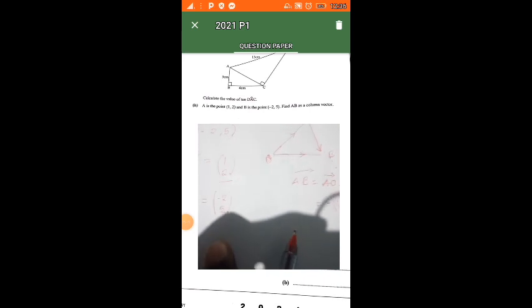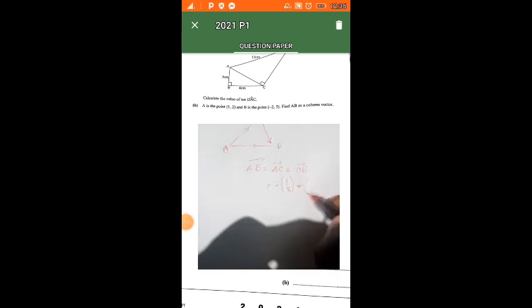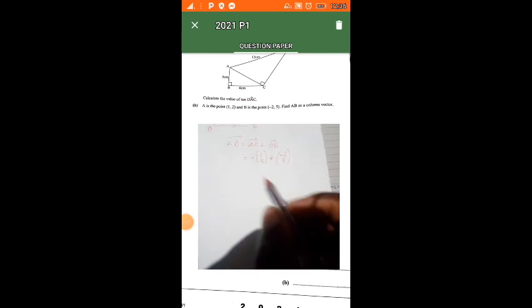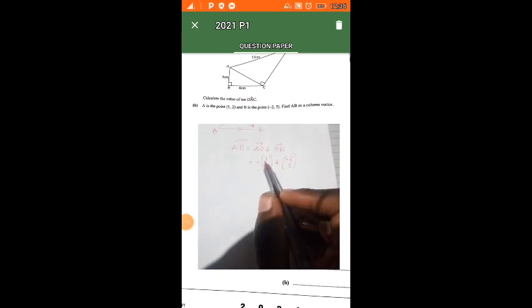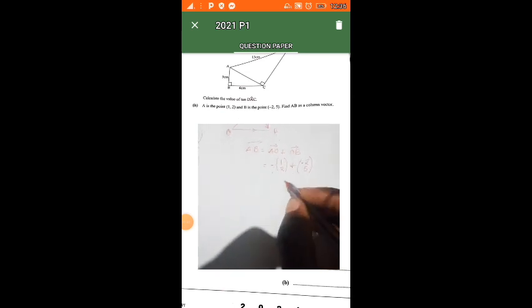The value of OB we know: it is negative 2, 5. Now multiply the negative value throughout this column. Negative times 1 is negative 1. Negative times 2 is negative 2.